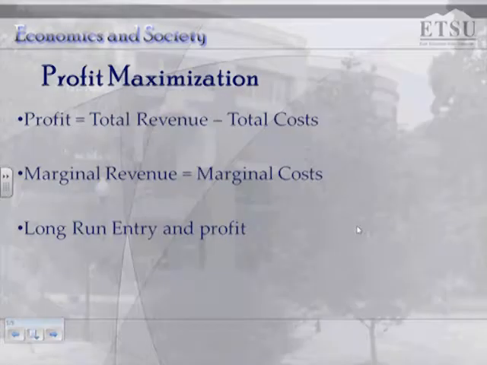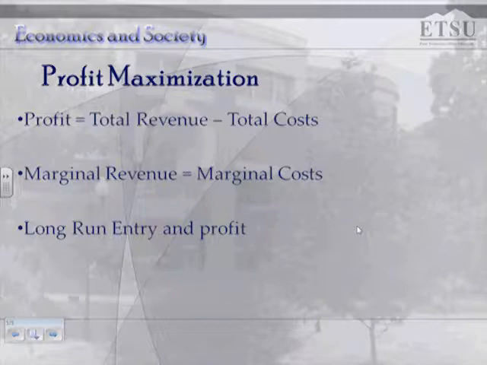So let's think about the idea of profit maximization. The firm's profit is equal to the total revenue minus total cost. It turns out that the firm can maximize its profits by choosing the quantity of output where the marginal revenue is equal to the marginal cost. A little bit of intuition behind this is that if the marginal revenue exceeds the marginal cost, that is, revenues are growing faster than cost, that means the profits are going to be rising.